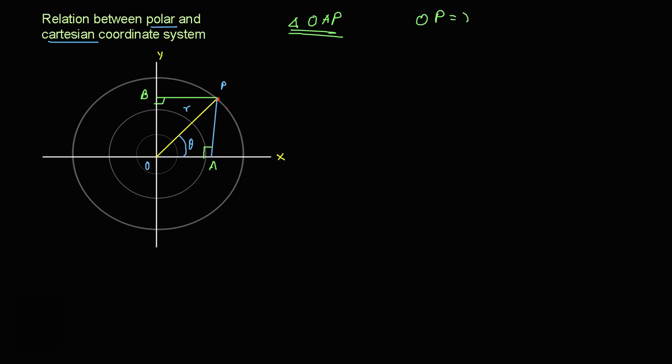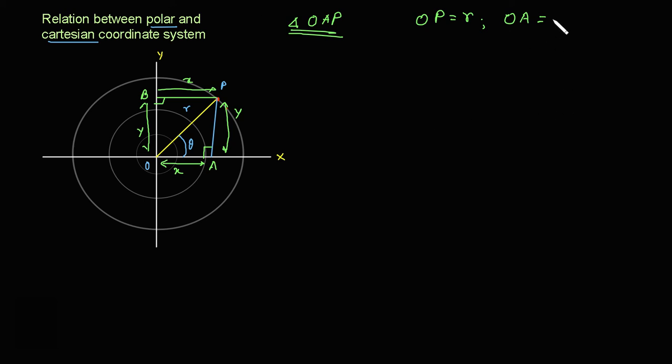OP equals r, and OA equals x, and this OB is y. In the same manner, PB is x and PA is y.